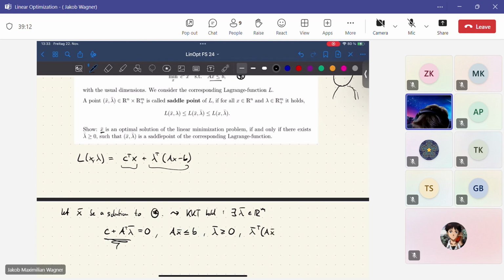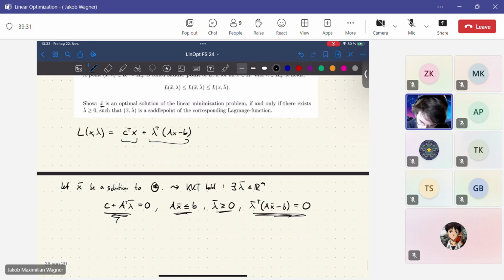So the product of lambda bar and (A x bar minus b) is equal to 0. Again, because of the sign conditions, this equal to 0 condition of the scalar product actually corresponds to a component-wise condition: lambda i bar times (A_i x bar minus b_i) is equal to 0 for all i.